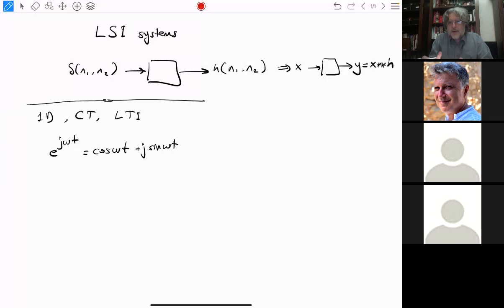And from here, we also know that the cosine consists of e to the j omega t plus e to the minus j omega t divided by 2, and sine omega t is e to the j omega t minus e to the minus j omega t divided by 2j. Okay.